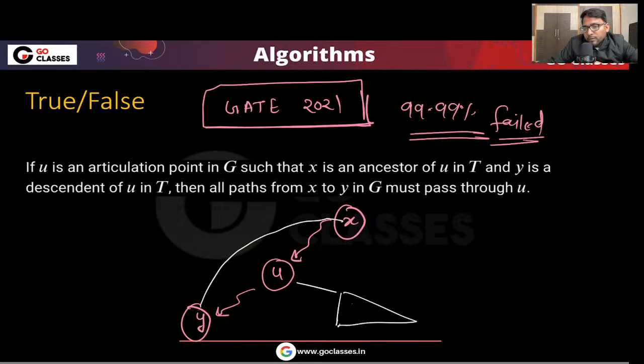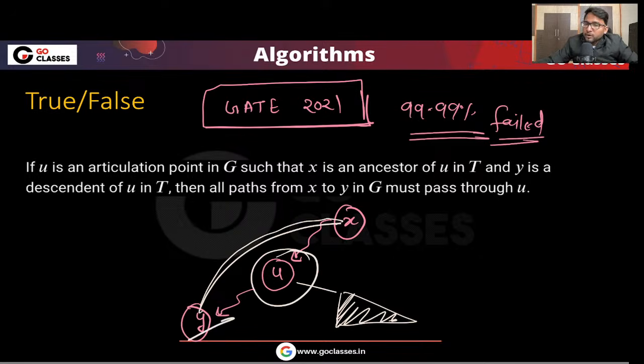That's very, very interesting and important. They are saying that if U is an articulation point, which is given, then Y to X must pass through U. No, they can be directly connected, and U is an articulation point not because of this X or this Y, but because of some other subtree.